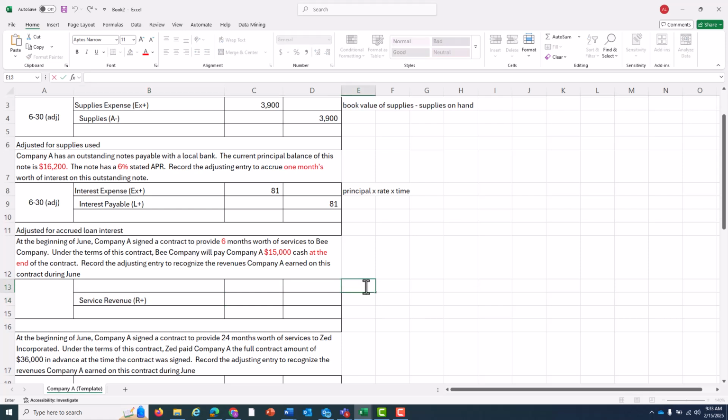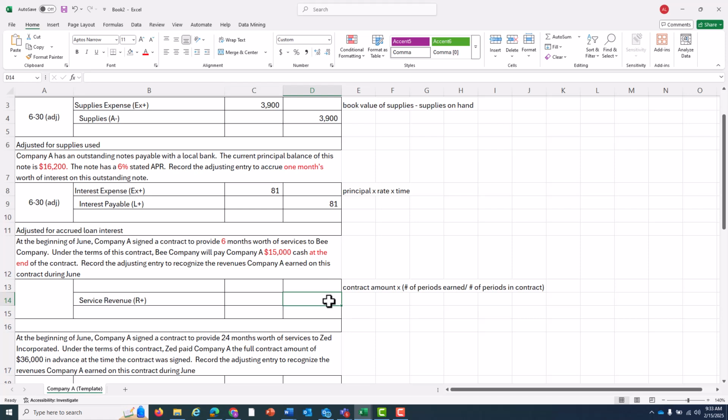Well, I take the contract amount and I multiply it by the number of periods earned over the number of periods in the contract. We're basically figuring out what proportion of this amount we've actually earned.